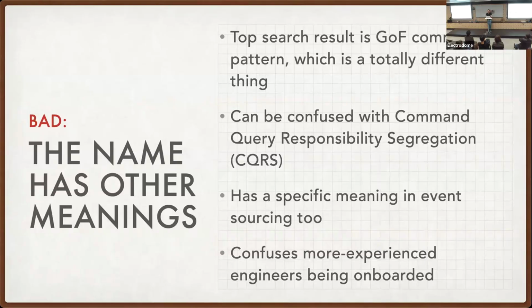The other thing that it is commonly confused with is the CQRS pattern, Command Query Responsibility Segregation. Commands are a specific thing in CQRS, and our commands in the up code base are not that. They're close, but they're not exactly the same thing, and that does confuse people. It confused me when I joined the company for sure. There's also a specific meaning in event sourcing.